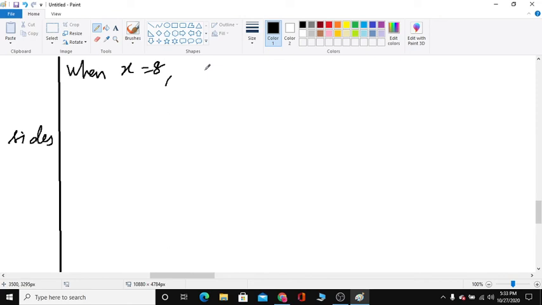Now 3 into x, in the place of x you substitute 8. 3 into 8 plus 5 is equal to 5 into 8 minus 11.